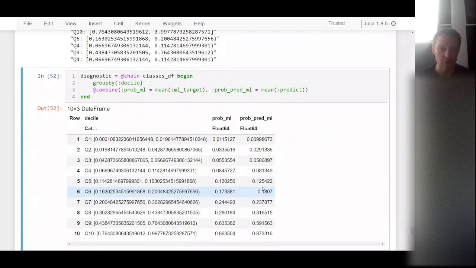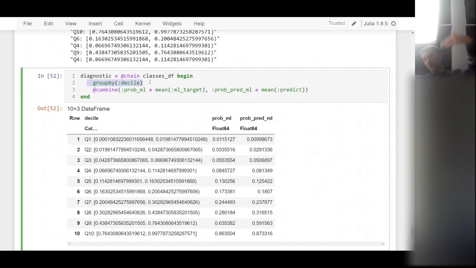So I will call a data frame that will contain the result diagnostic. Why diagnostic? Because I am diagnosing if indeed I get probabilities from my model. So again, I do two operations. First, I take this classes data frames as input, group it by decile.